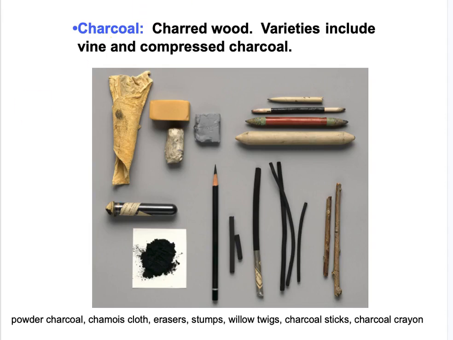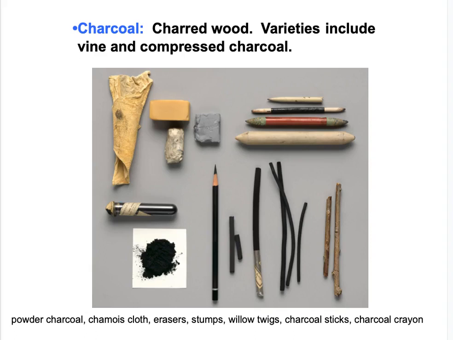It's a very popular drawing tool, used in art schools, done a lot of times for gesture drawing or sketching, because you can do it fast and it's kind of loose. It's typically not as much of a detail media. You cannot get those tiny, fine, intricate details like I just showed you with the metal point or with graphite. It's a more loose material, and it's a messy material too.